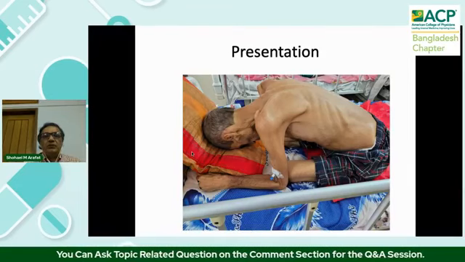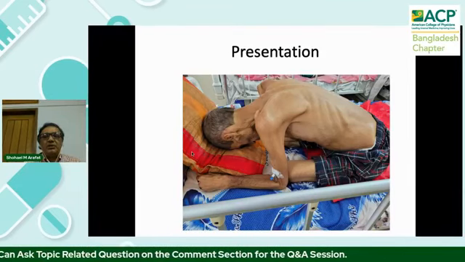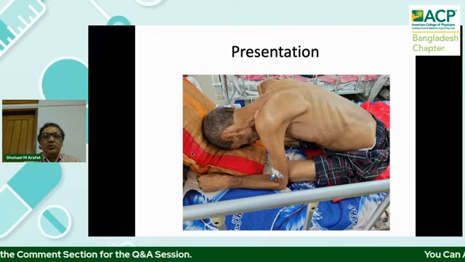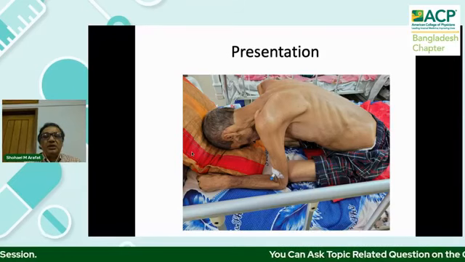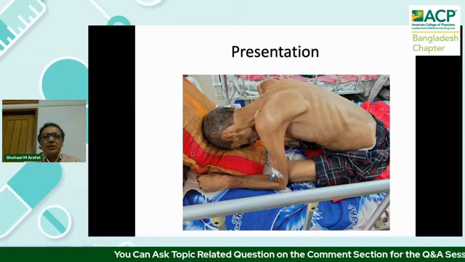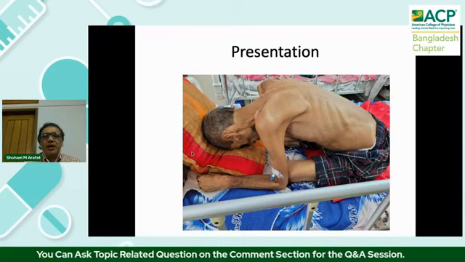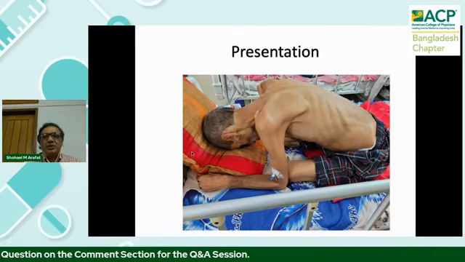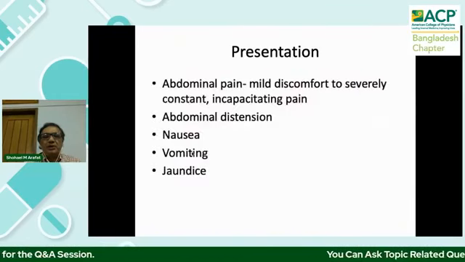If the pain is usually mild, then nothing important. Usually postprandial there may be some aggravation, but sometimes it is very severe, incapacitating, causing persistent upper abdominal pain with radiation to the back, leading to a really frustrating experience for any patient having the severe pain of acute pancreatitis. So you will expect these sorts of presentations.